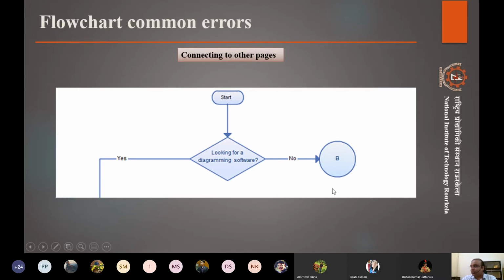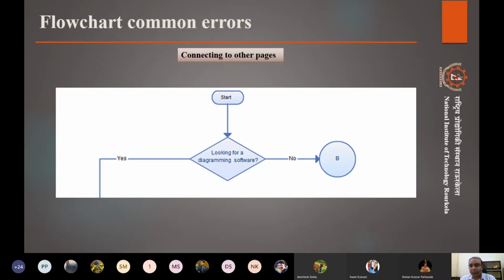Like if you see here, they have used a connector and named it B. Now the no condition will have another flowchart that will start with a connector called B. This is the way we manage large flowcharts. These kinds of connectors can be in the same page, or there are other connectors that connect the flowcharts in a different page as well.